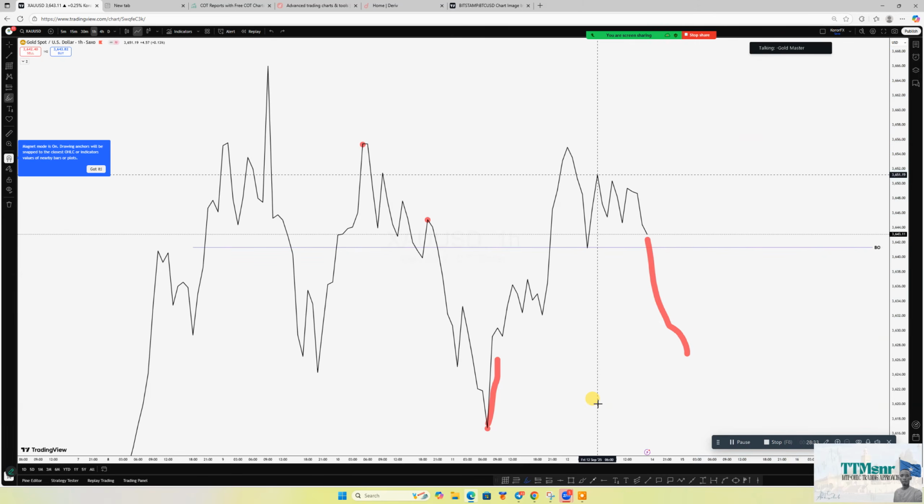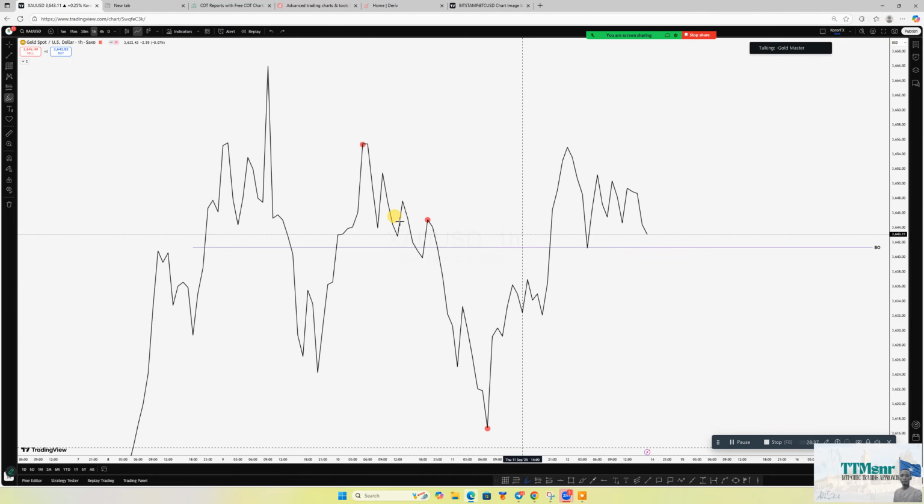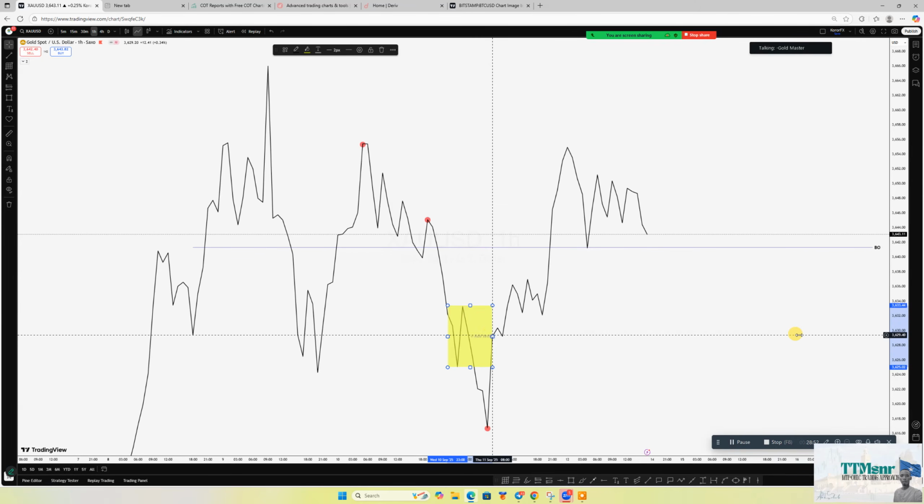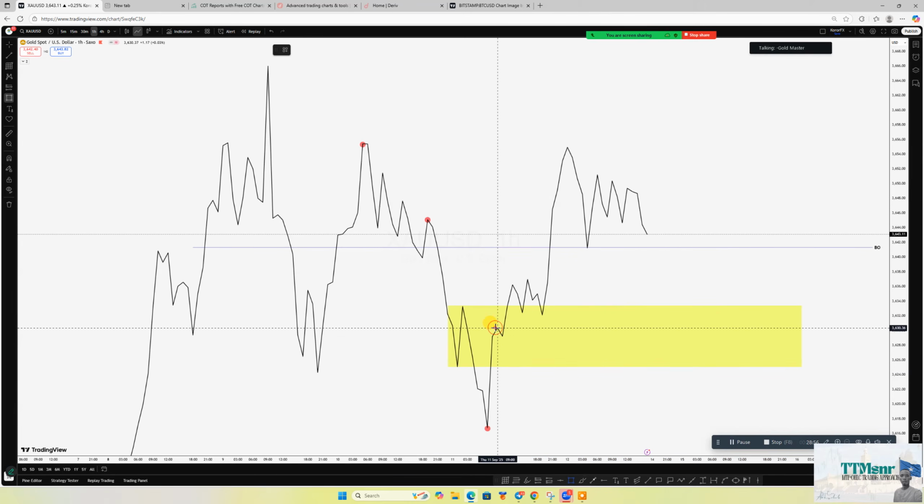So where is our zone? Do we have the two resistances? Yes, these are the two resistances, and then this will be our support area. So what is SOB number 3? It will be the zone. This is the zone where gold wants to come. This zone has another zone inside, which means refinement.